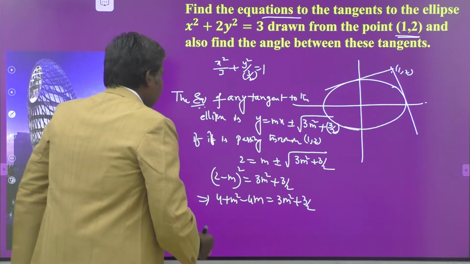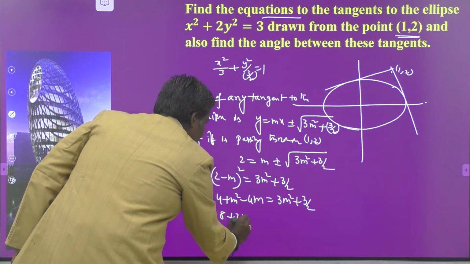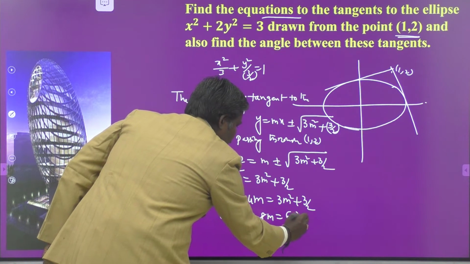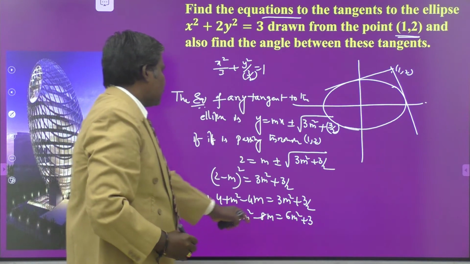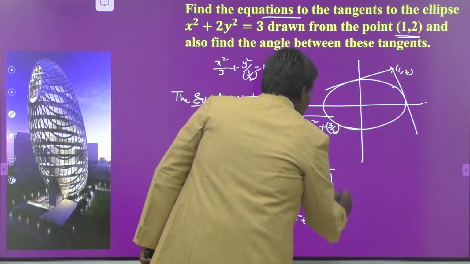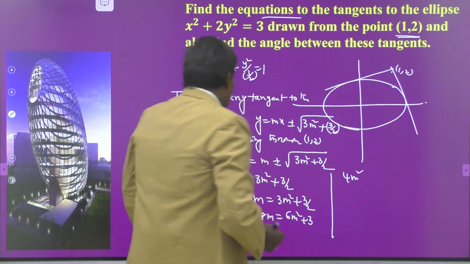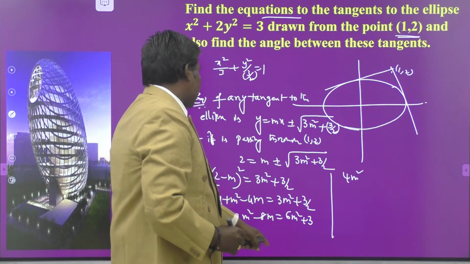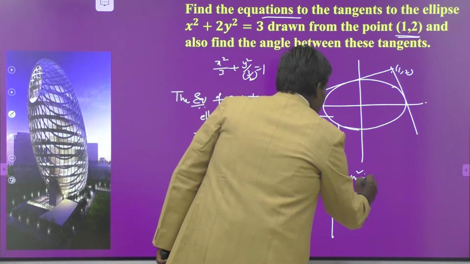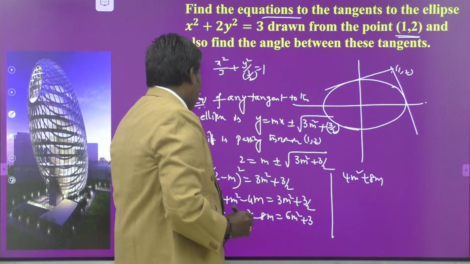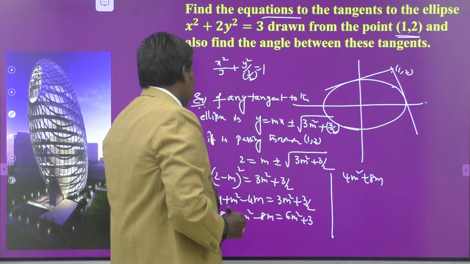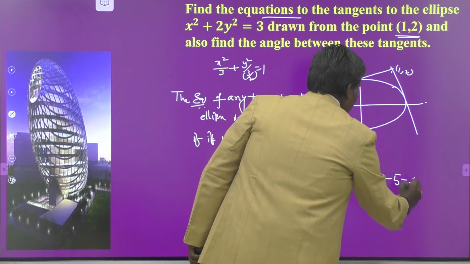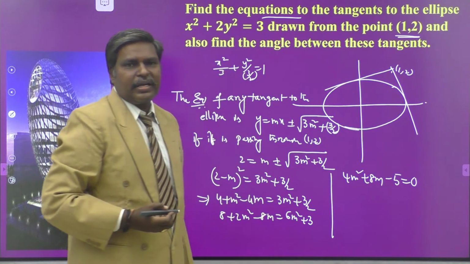Now cross multiplying, 8 + 2m² − 8m = 6m² + 3. 6m² − 2m² gives 4m². Then −8m coming to the right side is +8m, and 8 coming to the right side, −8 + 3 is −5, equal to 0.